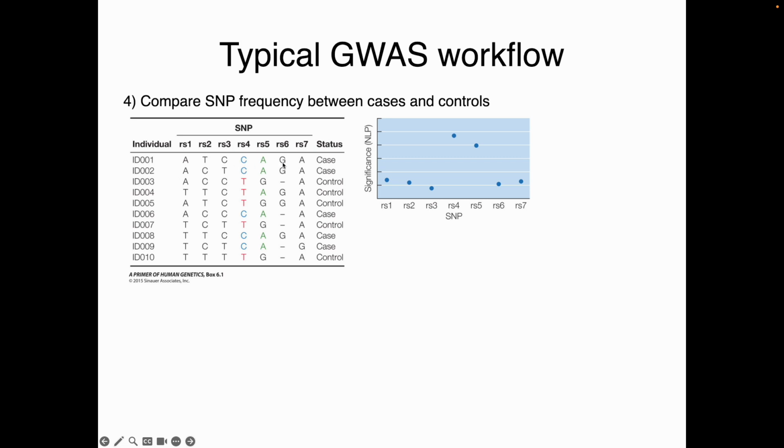And then we are going to use logistic regression to say, is there an association between whether you're a case or a control? Are the SNPs across this individual identifying whether that person should belong to the case group or the control group?